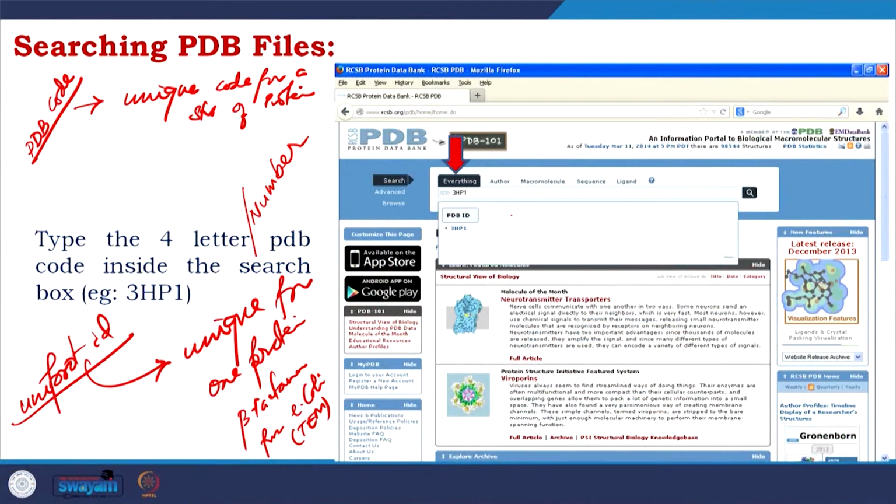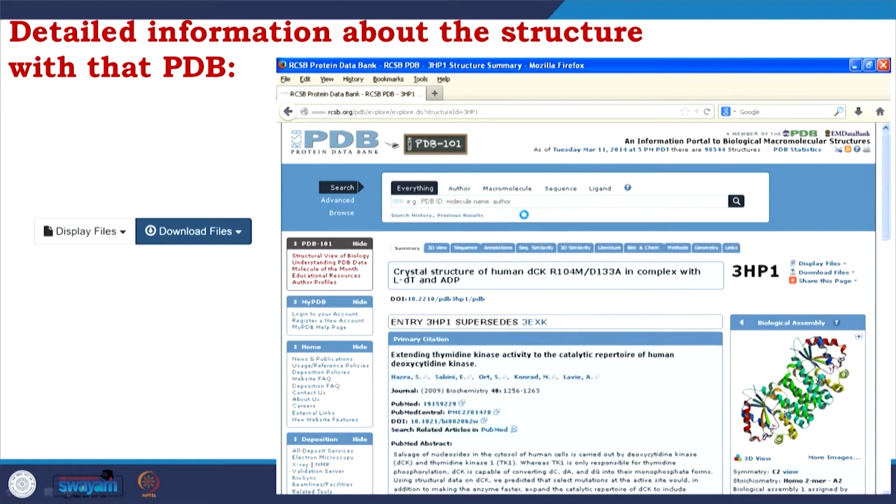So, you incorporate the PDB ID, which is unique for a structure, and give a search. Here you put the PDB ID. I have given a search for 3HP1 and you will come to the information.